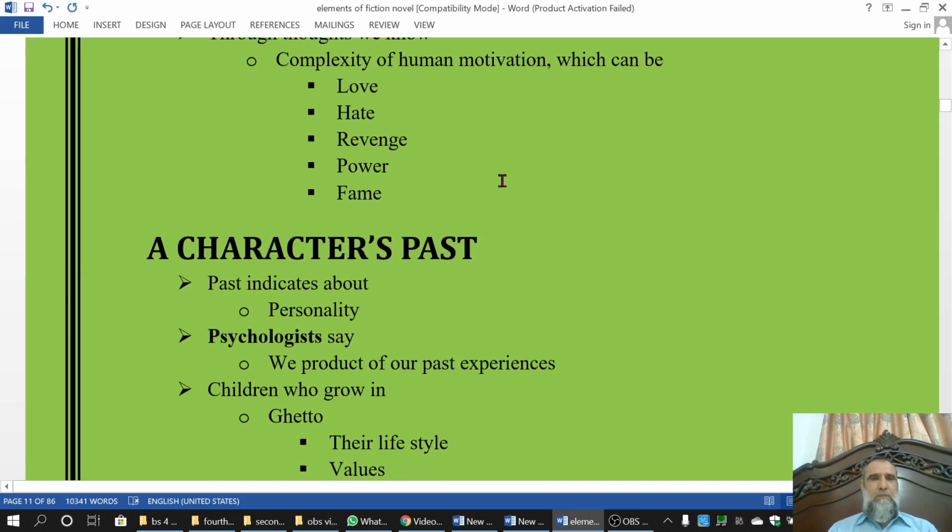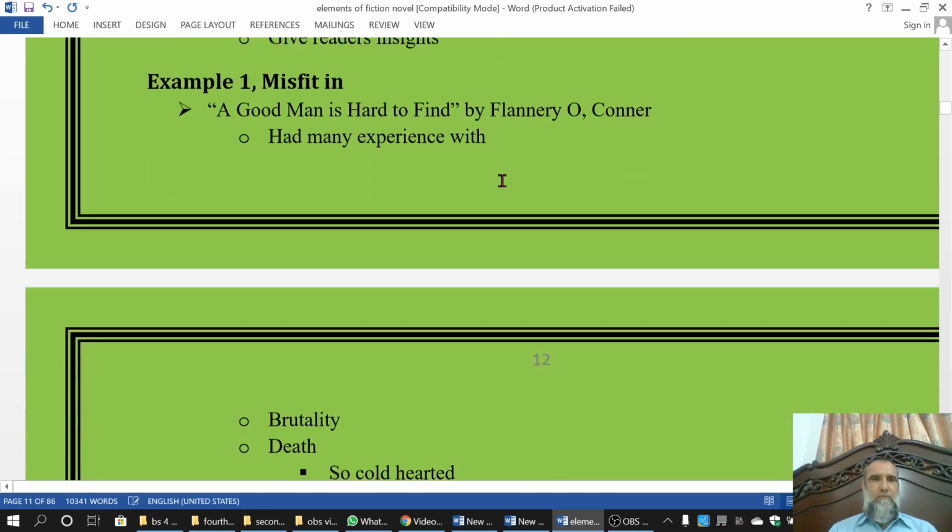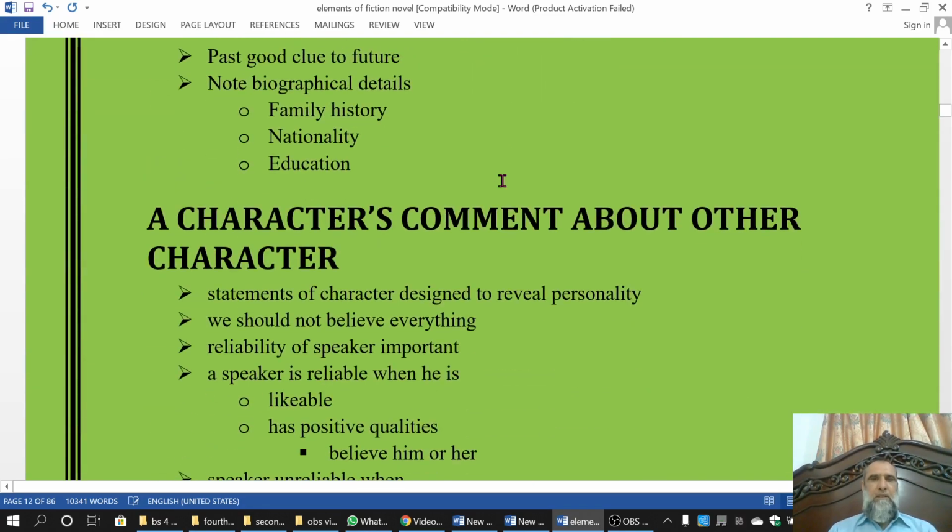Characters' past is important because we are the product of our past, and different examples were given. This was a very long discussion, and for practical purposes, for the examination, you can cut the notes short so that you attempt the questions accordingly.